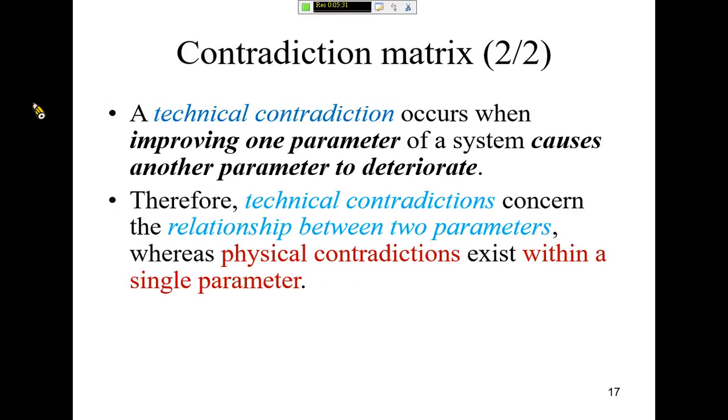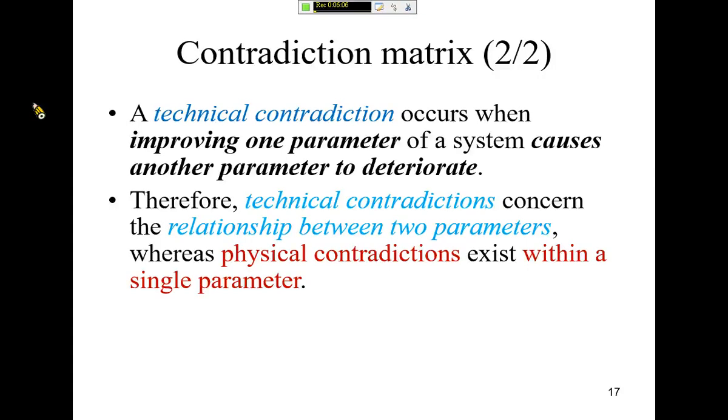Next we talk about technical contradiction. What is a technical contradiction? Technical contradictions happen when you have to improve one parameter, but it causes another parameter to get worse.